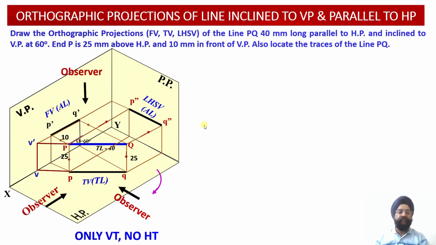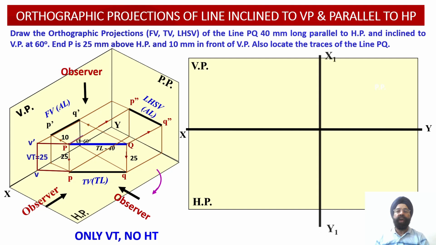So having obtained the projections of the line in the front, top and side view, and obtained the traces of the line using the horizontal plane and the vertical plane, now we are going to proceed with the construction of the orthographic projections of this particular line PQ in the top view, front view and in the profile plane.